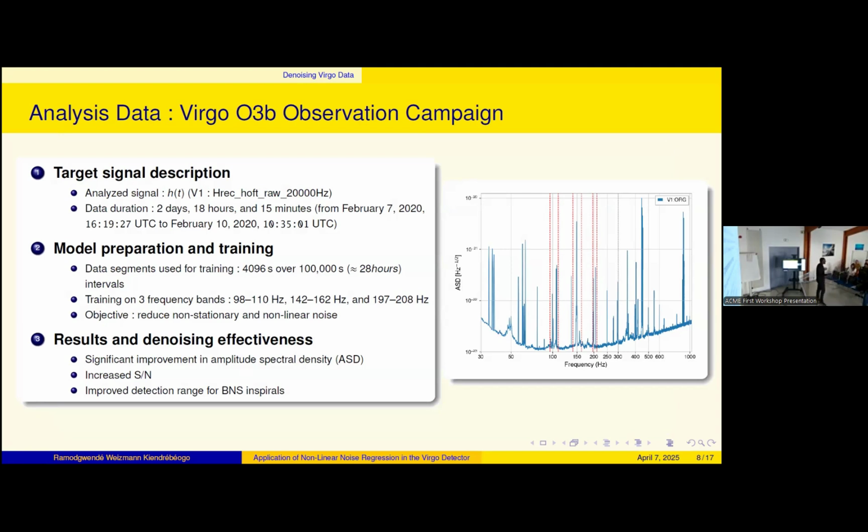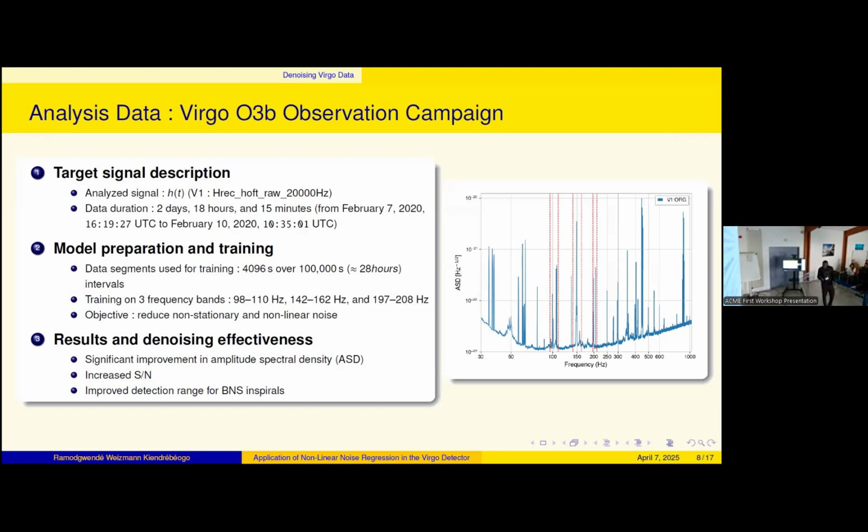We segmented them into 4,096 seconds. Then we train each segment and use the first segment. If we train the first segment, we use the model of this segment and clean the data until 100,000 seconds. Then we do another training.